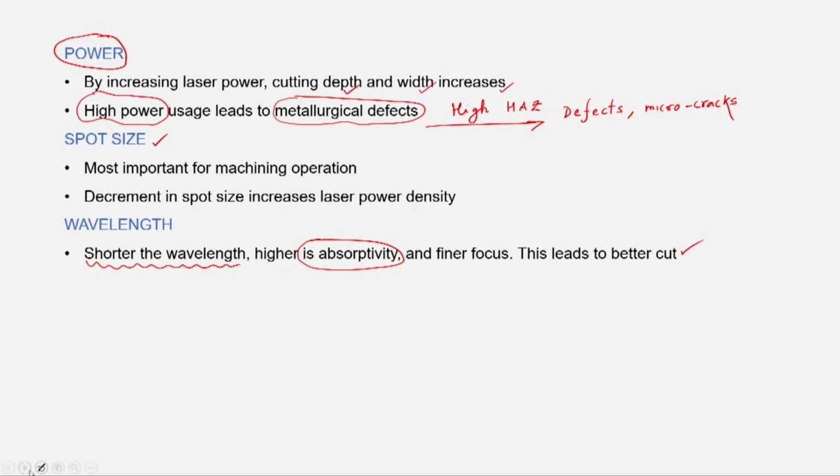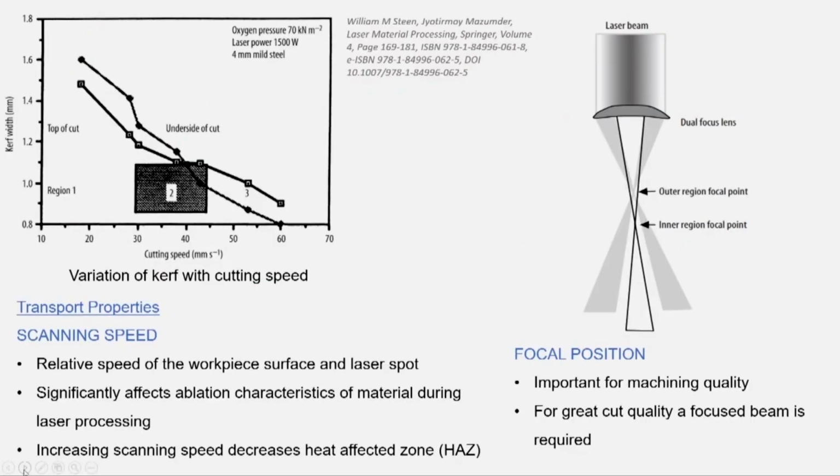Now, we have one more case here, the effect of cutting speed. Let us consider the effect of cutting speed for a constant laser power of about 1500 watt, with oxygen pressure also applied. This is a metal cutting operation on 4 mm mild steel.